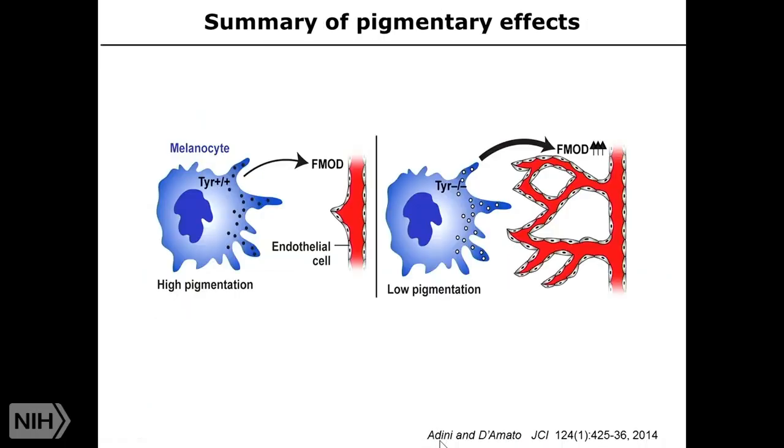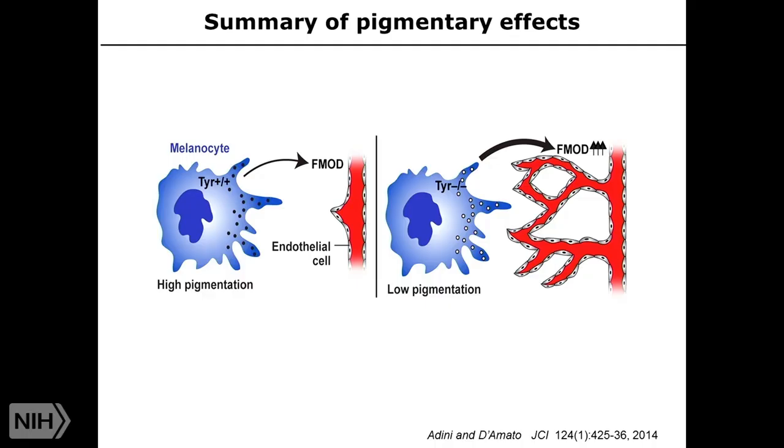So this is our model for the pigmentary effects, which is that in an albino or a Caucasian with low amounts of pigment, there are very high amounts of fibromodulin being made, which shifts the angiogenic balance. Not that you're getting angiogenesis spontaneously, but you're tipping that scale, making it easier to induce angiogenesis.